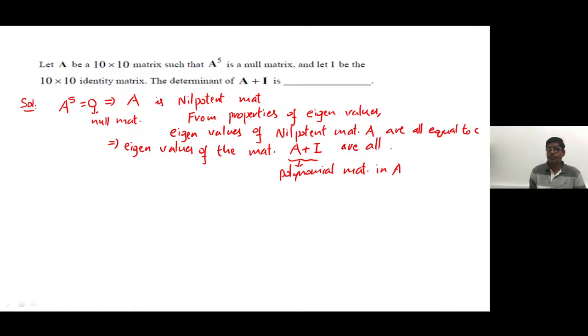So the eigenvalues are all equal to 0 plus 1, which is equal to 1.